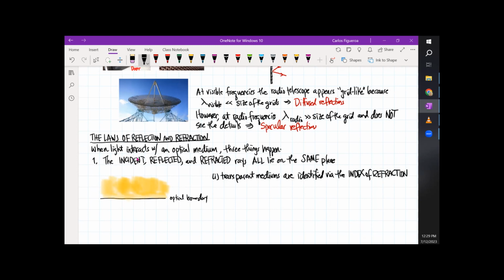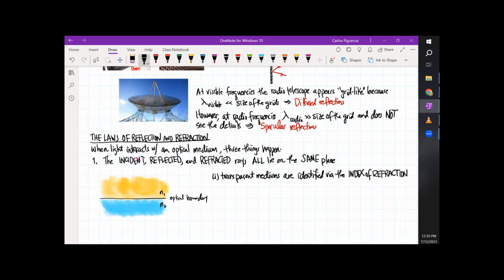So N1 is the index of refraction for the yellow one, and that's a material property. Then I have a second index of refraction right here, which I'm going to label N2. So now I've separated these two materials with that boundary.